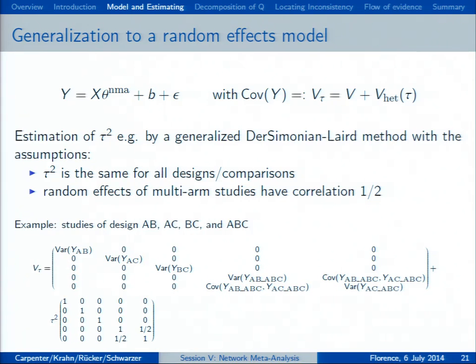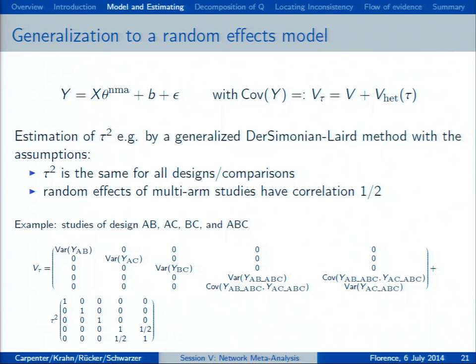So back to the simple example of 4 studies of these designs, and then the covariance matrix. This first covariance matrix is the same as we have seen before.